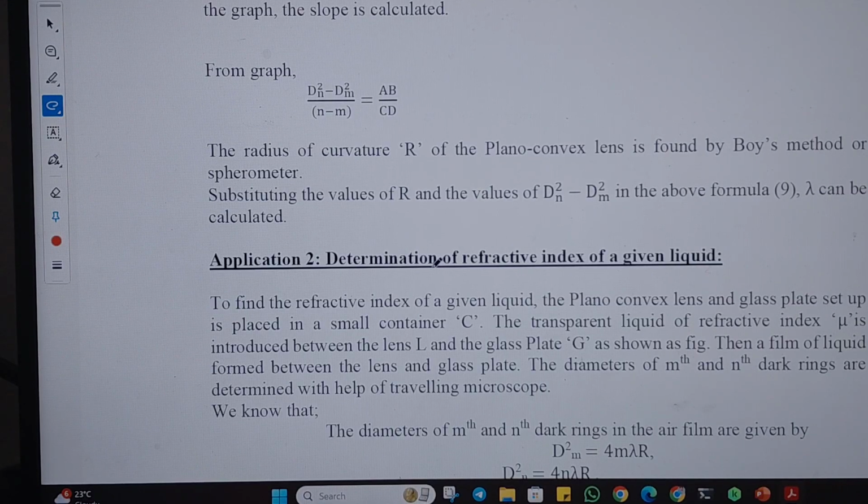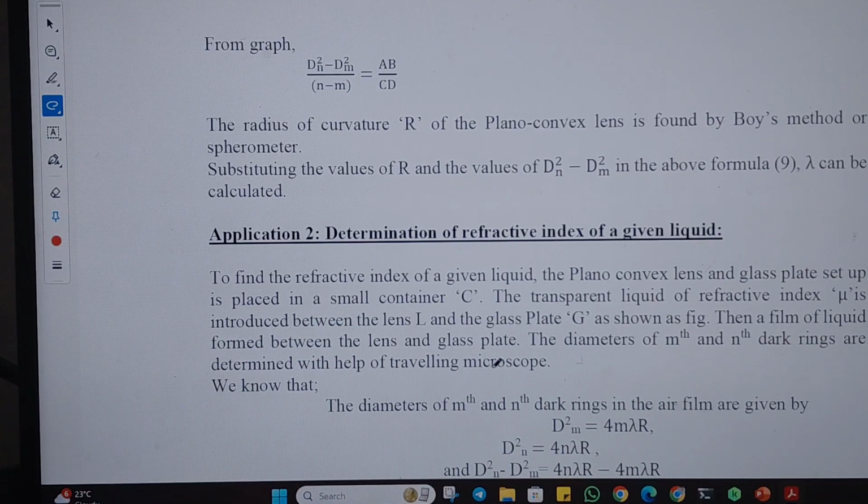We can find the refractive index of the given liquid. We can take a small container of water or liquid, whatever it is, and using the interference phenomenon we can find the diameter of the given liquid.